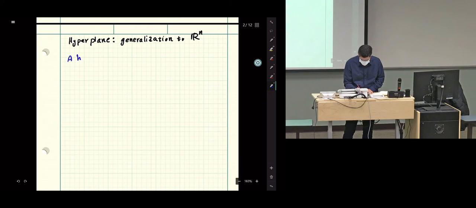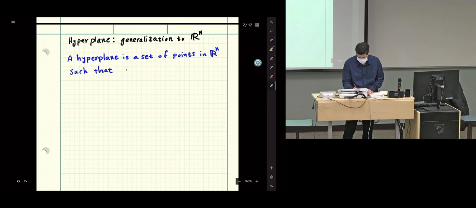So a hyperplane is a set of points in Rn such that A transpose (x minus x0) equals 0.